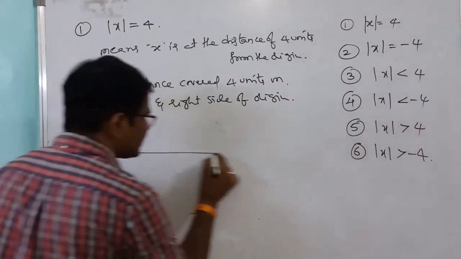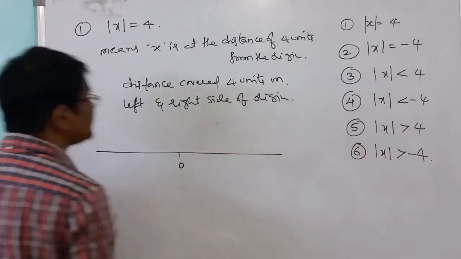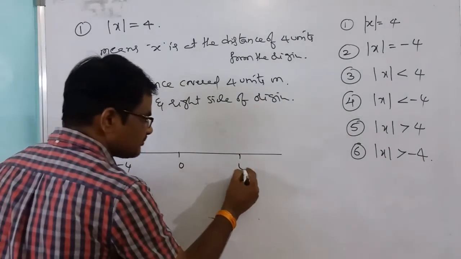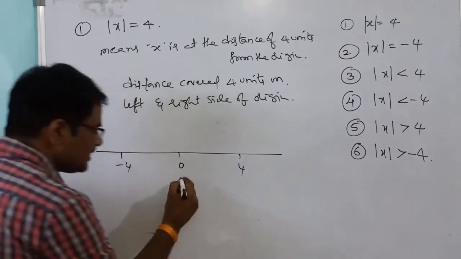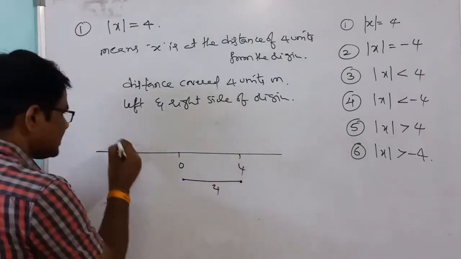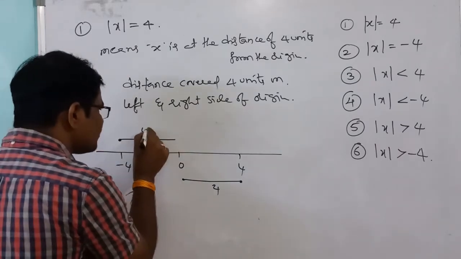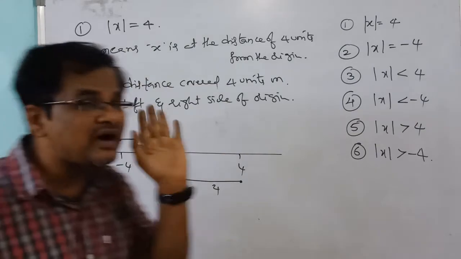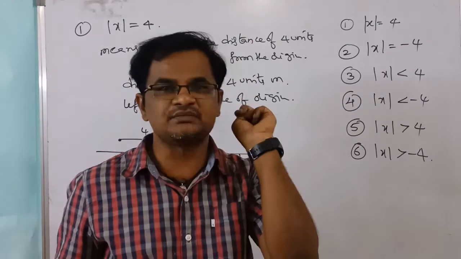So you take a number line like this. Here 0 is there, here -4 is there, here +4 is there. Means here to here distance is 4 units only, and here to here distance is also 4 units only. Means for this X value, how many possibilities are there? 2 possibilities.